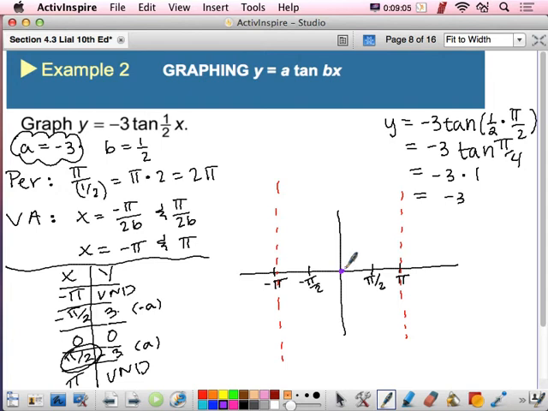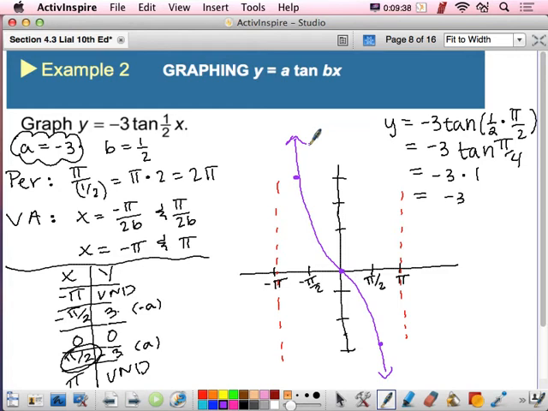You have to be really careful here. It has reversed itself and goes up to how many? 3. So it's going to be pretty steep in there. And that is what happens when you make the A value negative for a tangent. It actually spins it around and makes it look like a cotangent when A is negative.